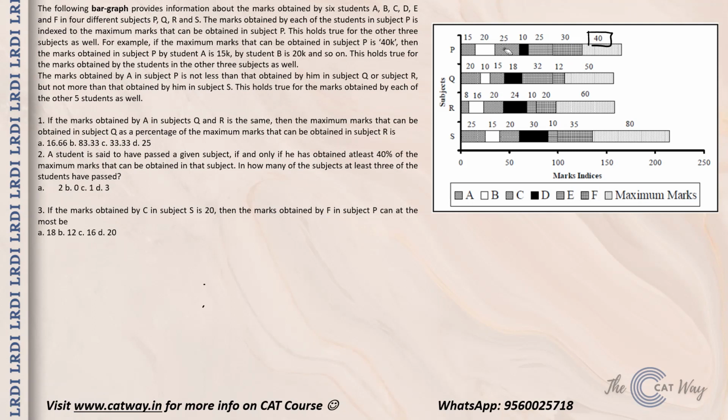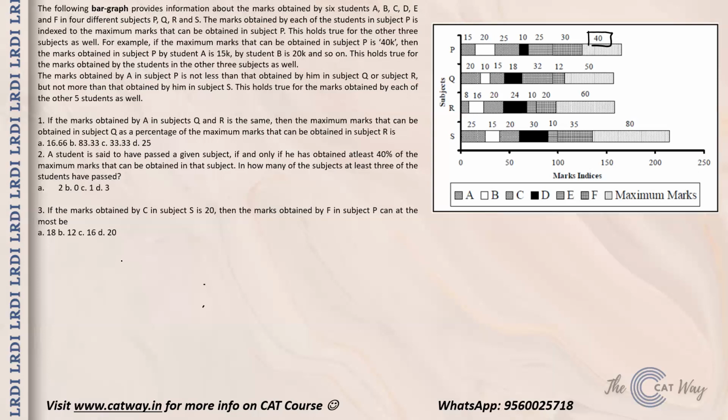Now what has been given is that the marks obtained by A in subject P is not less than that obtained by him in subject Q or R, but not more than that obtained by him in subject S. And this holds true for each of the other 5 students as well.